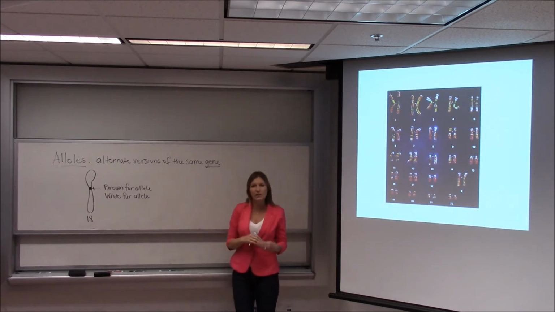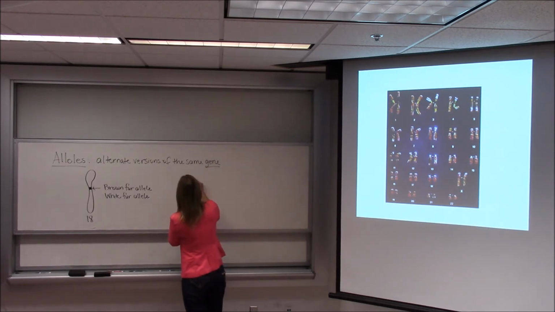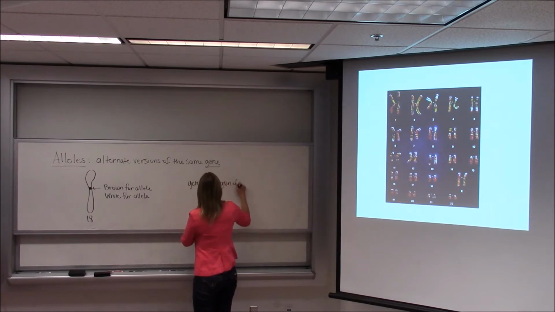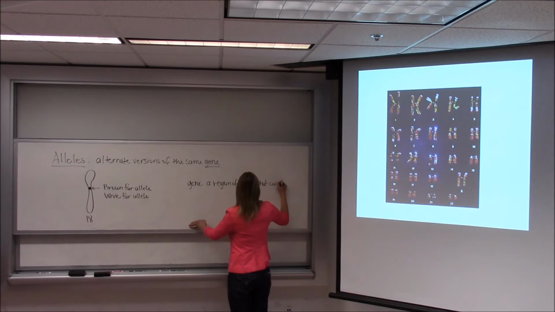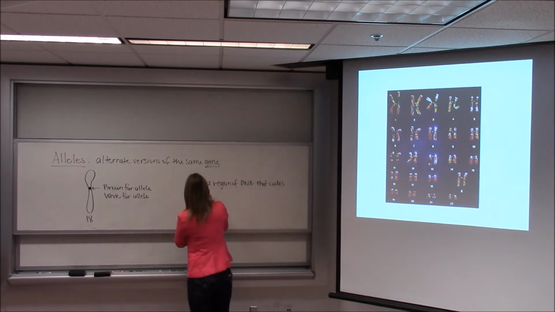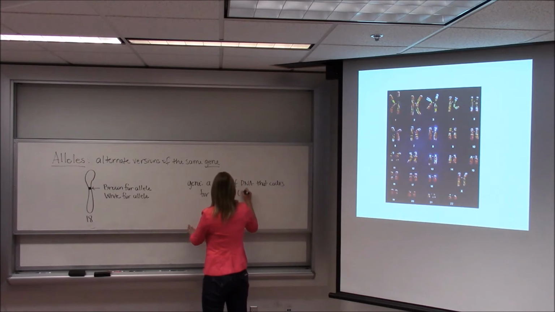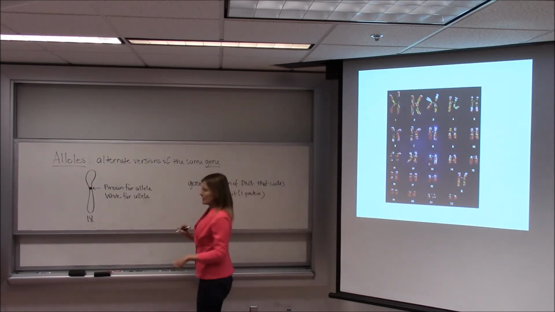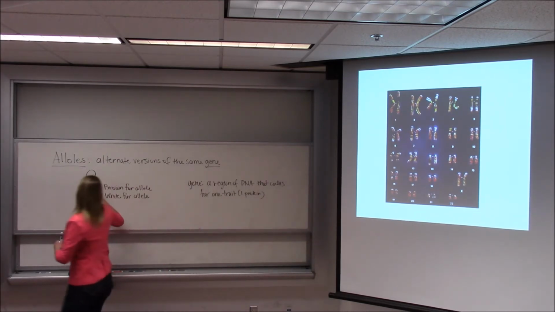A gene is a region of DNA that codes for 1 trait or 1 protein. It's really a sequence of DNA located in a specific region on each chromosome.